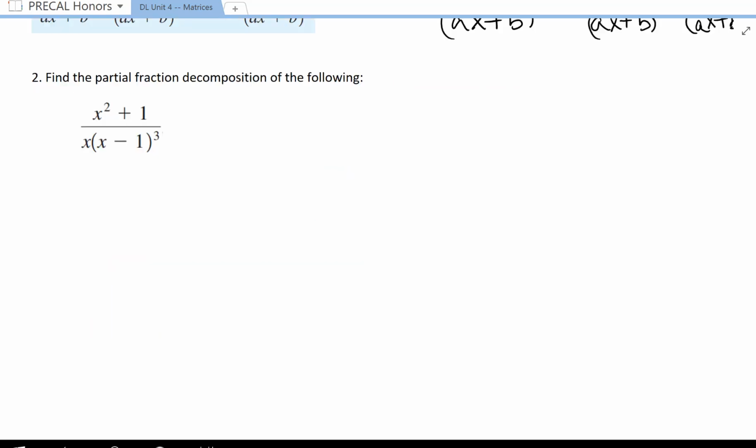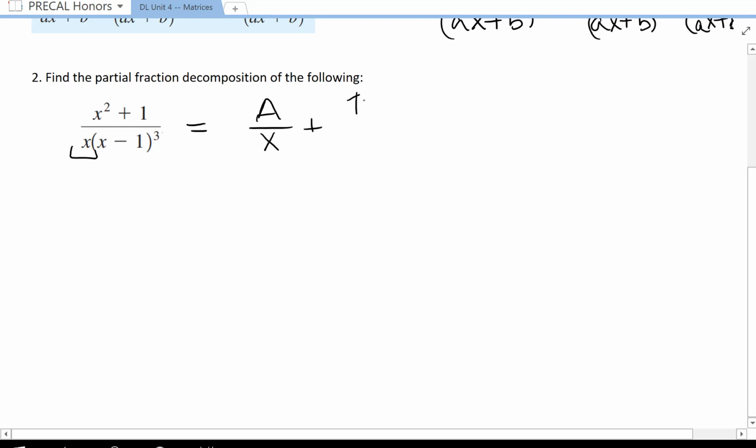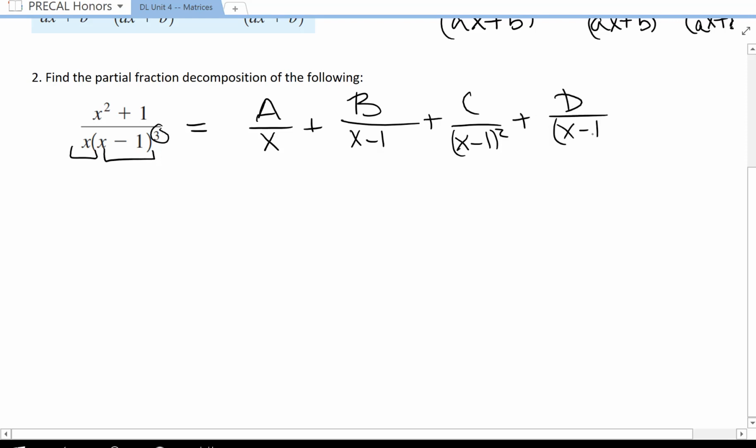So the form that this one here, example 2, will take is a over our linear factor x, plus b over our second factor to the power of 1, plus c over x minus 1 to the power of 2, all the way up to whatever you have here, plus d over x minus 1 to the power of 3.